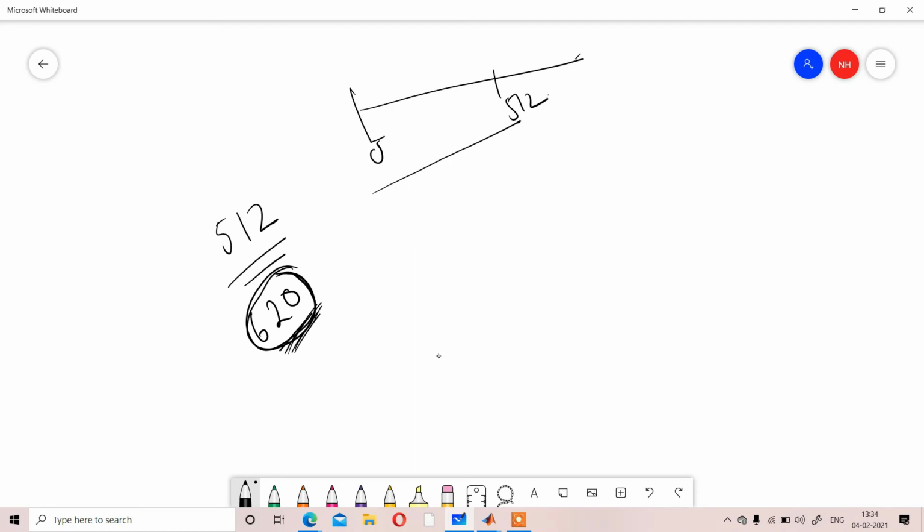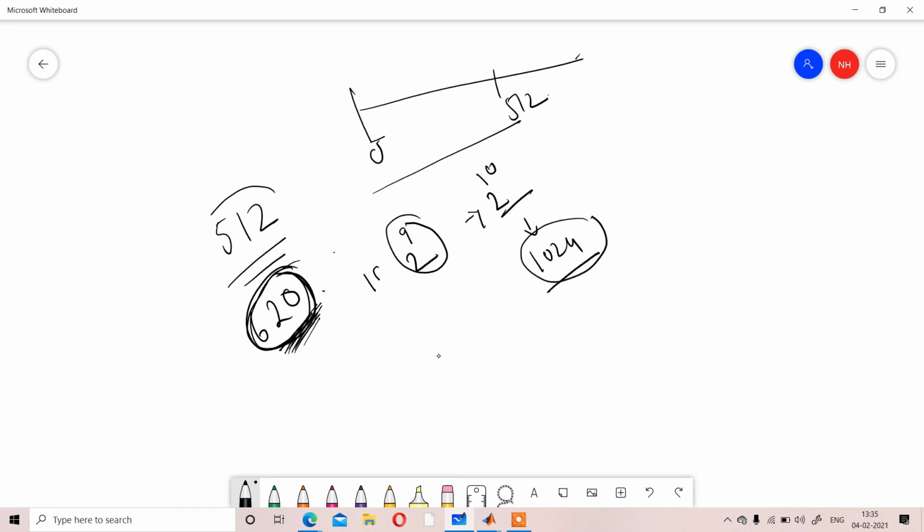So we have to use some code so that if the length is 620, it will consider the next minimum range. 512 is 2 to the power 9, so if it defines 512 and the signal length you have got is 620, it will automatically choose the next length, 2 to the power 10, that is 1024. So it will automatically take 1024, and over that range if we display that length 620, it will work very easily.